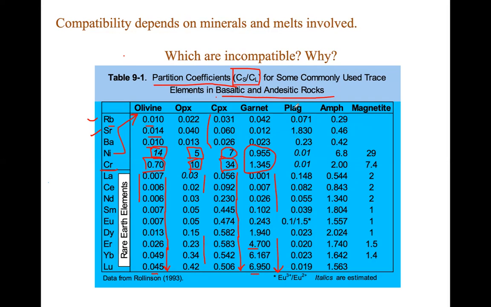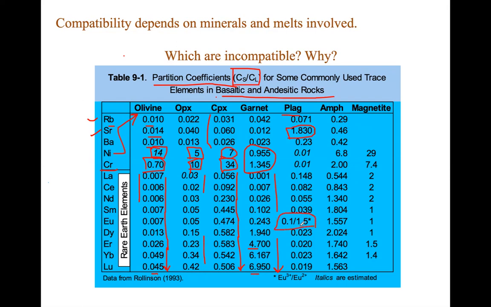So at shallow mantle levels, you have the plagioclase. You can see the plagioclase has a high preference for strontium, and europium also has a relatively high preference in plagioclase, up to 1.5.